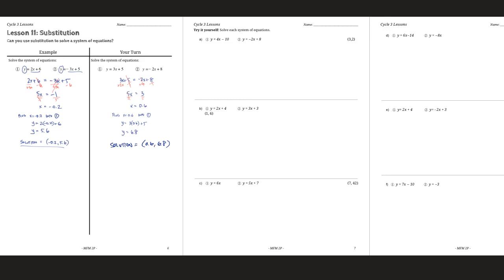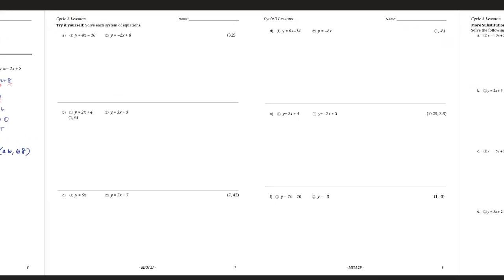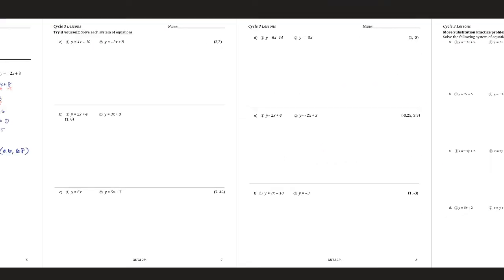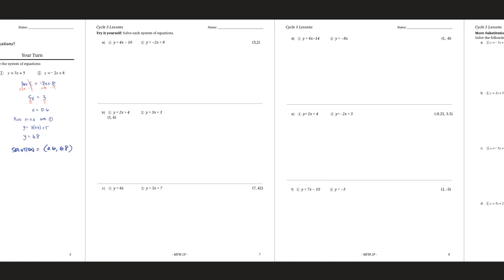So it's really not that much more complicated than the processes we've been doing so far. What I want you to try now is there's a bunch of practice problems, these try it yourself problems. And there's actually more substitution practice problems at the end as well. These last ones are a little bit tricky. So only try these once you've finished all the other questions, these 6 questions here.